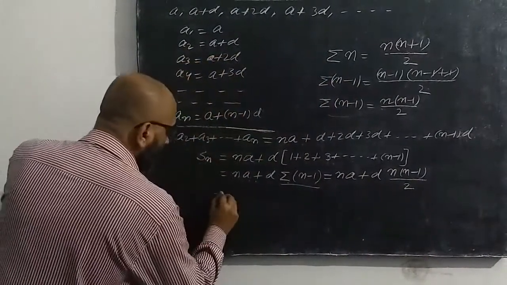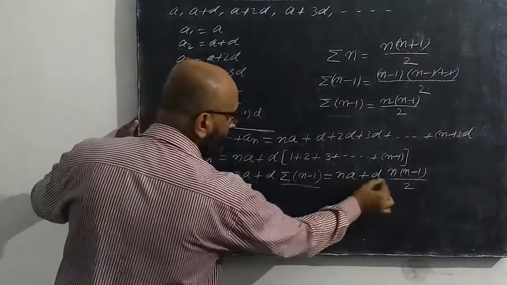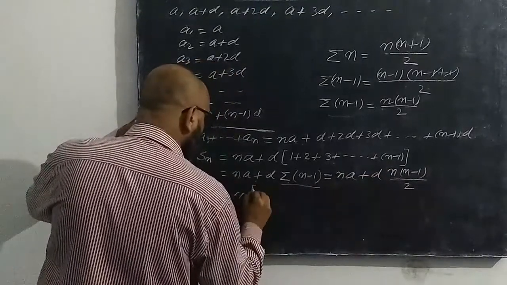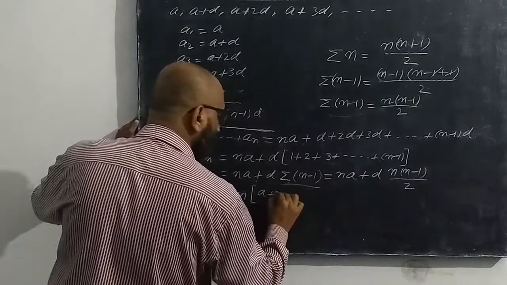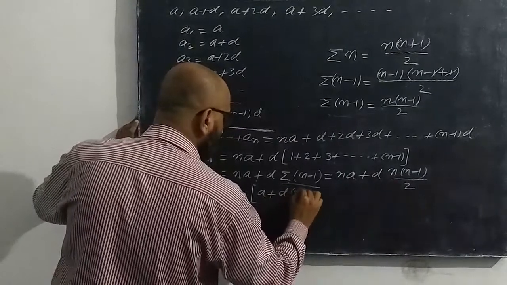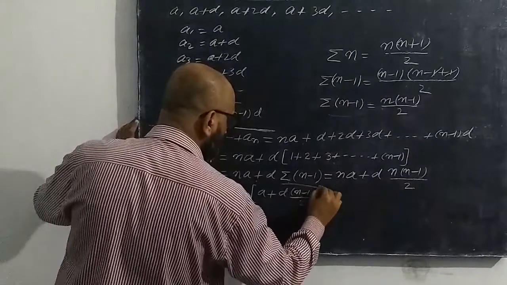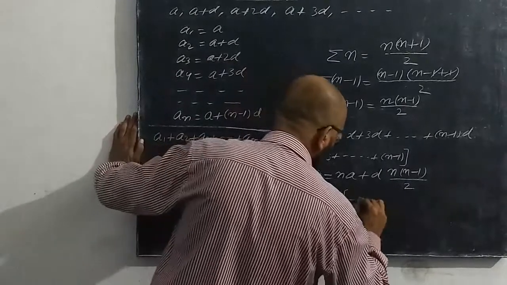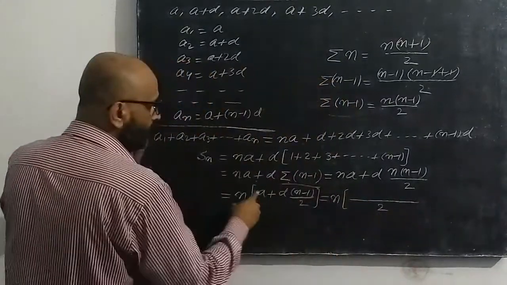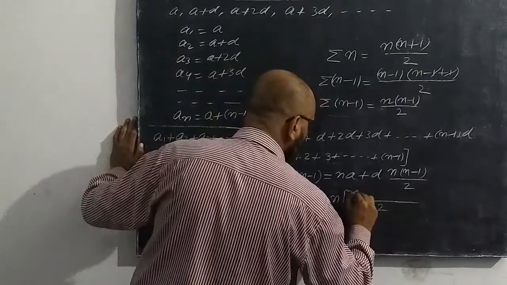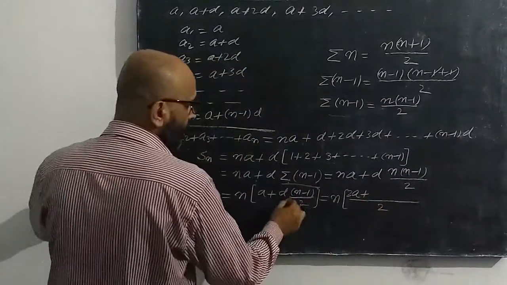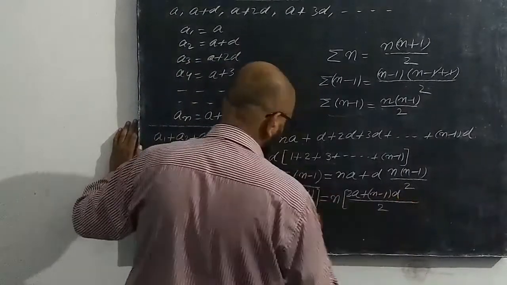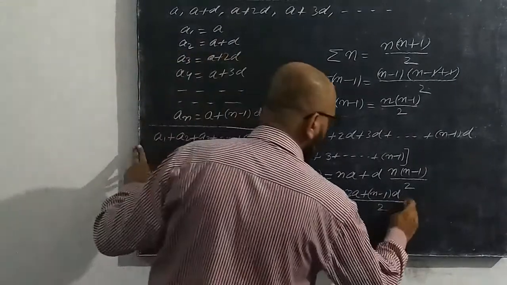So you see Sn is equal to, out of these two terms what is common? The common is n. So we take n common, in the bracket we have a plus d into n minus 1 upon 2. So that is equal to n, and in the bracket if we take 2 as LCM, 2 will multiply a, in the numerator we have 2a plus, and here we have n minus 1 into d, d into n minus 1 in the same way.